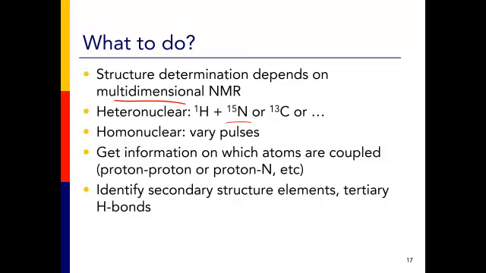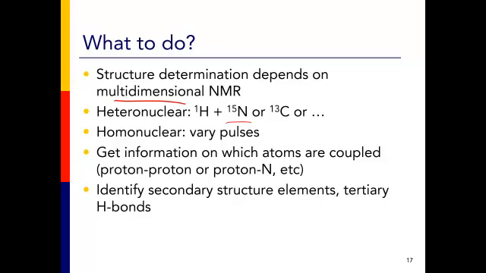Heteronuclear NMR is where you have not just the proton signal, but other spin-active nuclei that you're tracking. Homonuclear is where it's just protons that you're paying attention to, but you're doing things to the NMR to transfer energy between the protons.